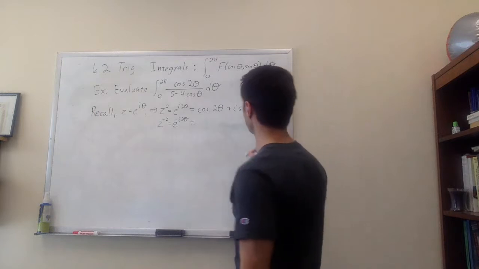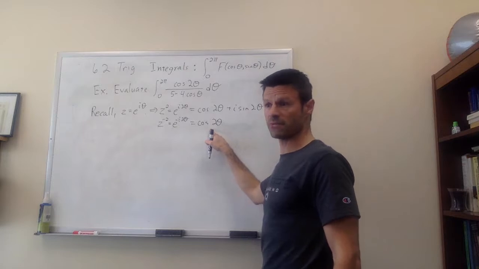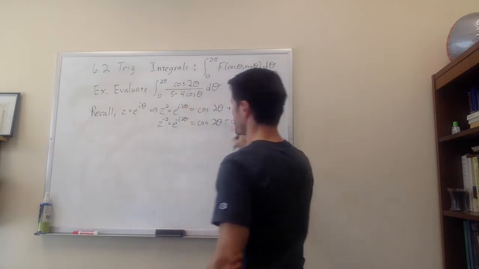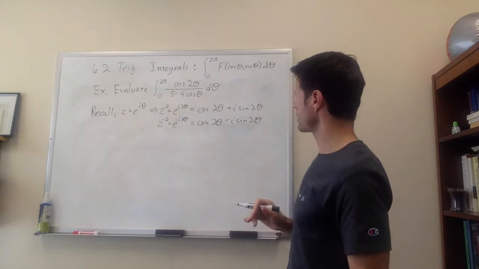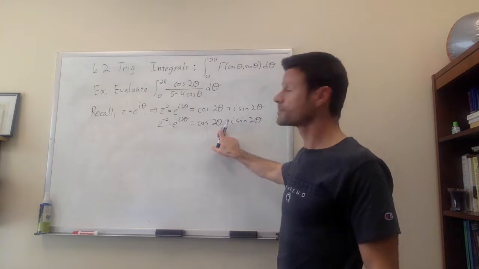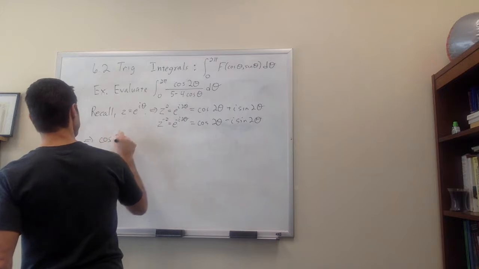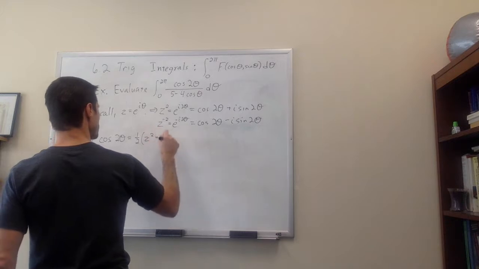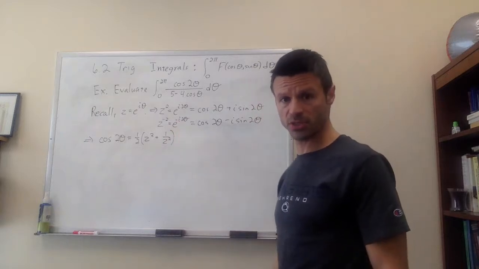Using Euler's formula, this is cosine 2 theta, using the fact that cosine is an even function, minus i sine 2 theta, using the fact that sine is an odd function. If I add z squared and z to the minus 2, I can come up with a formula for cosine 2 theta. From this, we find that cosine 2 theta is equal to 1/2 times (z squared plus 1 over z squared). So this is what we'll substitute in for cosine 2 theta.